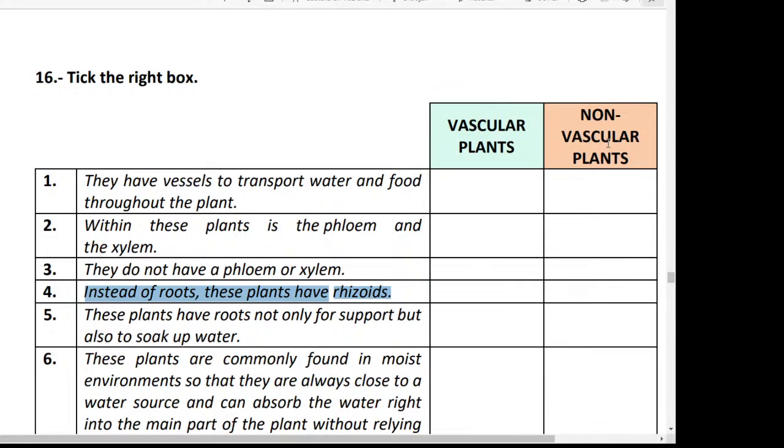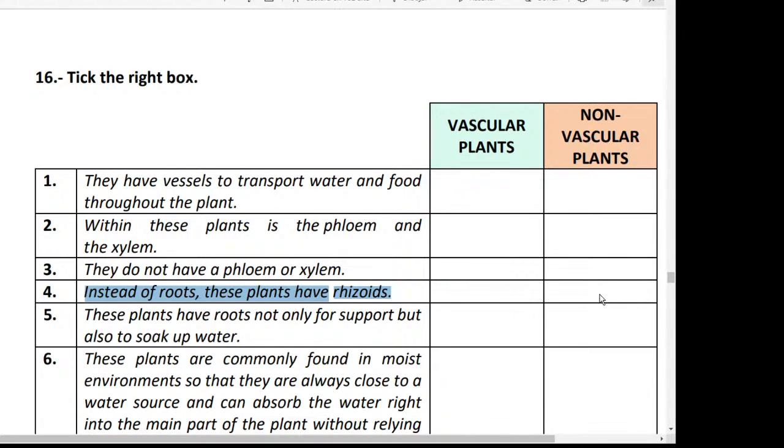They don't have roots. They have rhizoids. And in this case, we have a clear answer. This is non-vascular plants. But maybe you remember about ferns. Ferns are vascular plants without roots; they have rhizoids as well.